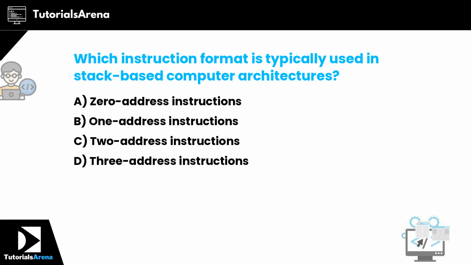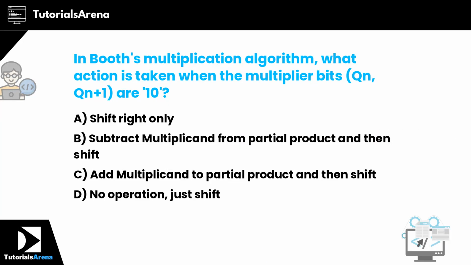Which instruction format is typically used in stack-based computer architectures? The correct answer is option A, zero address instructions. In Booth's multiplication algorithm, what action is taken when the multiplier bits qn and qn plus 1 are 10?